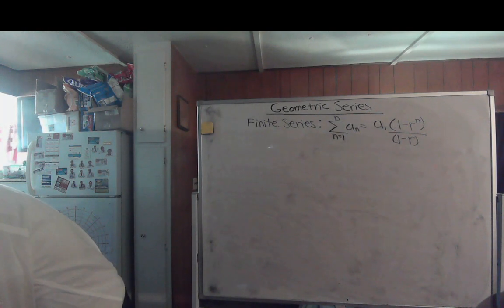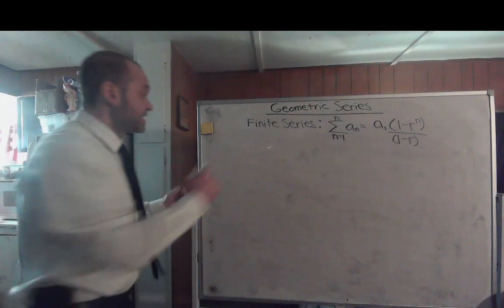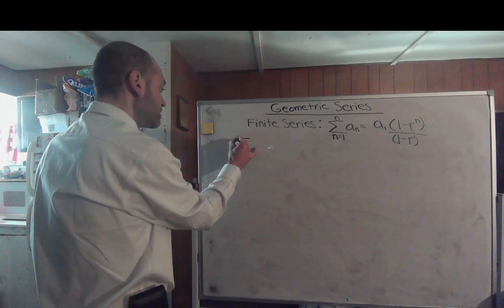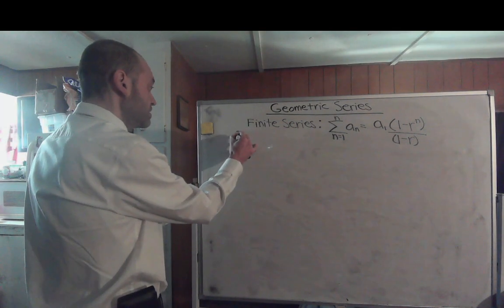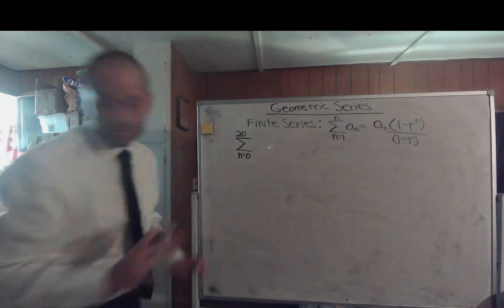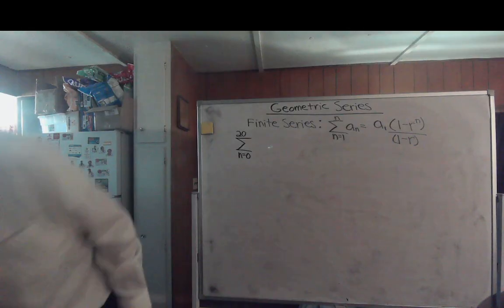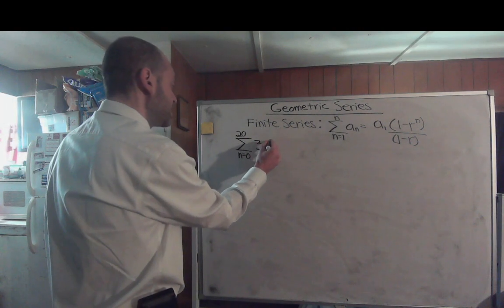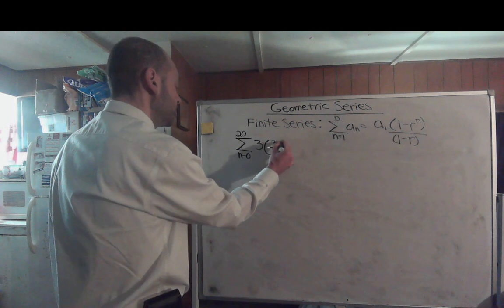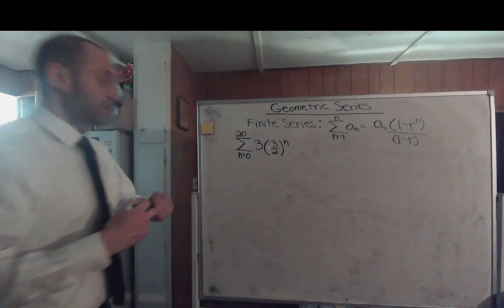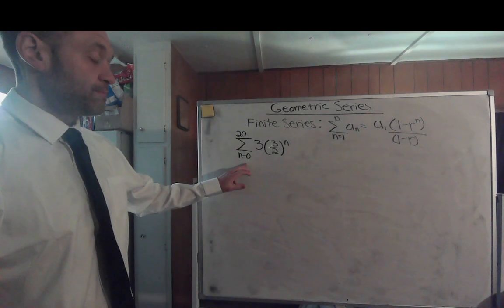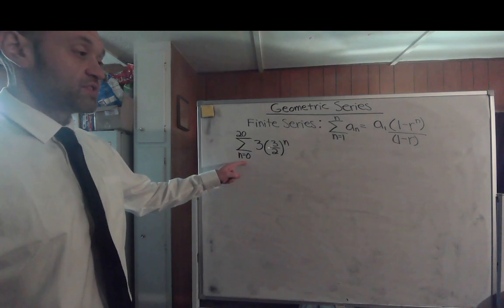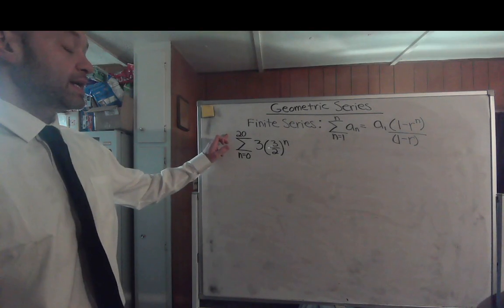So, for example, let's say I have, this time we're starting at n equals 0 to 20 of 3 times 3 halves to the n. So notice something. We're starting at n equals 0. That's our index of summation to the upper limit being 20.